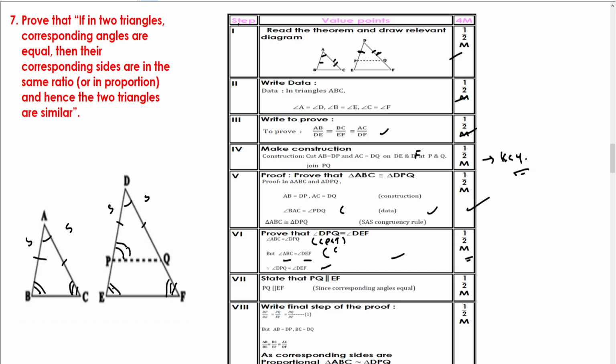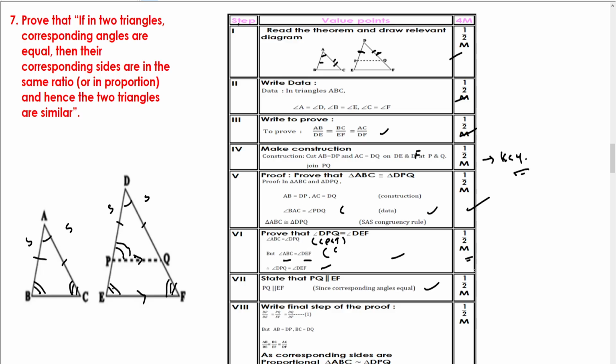Now observe, what type of angles are these two? They are corresponding angles. Angle DPQ and angle DEF are corresponding angles. Then by the definition of parallelism, PQ is parallel to EF.